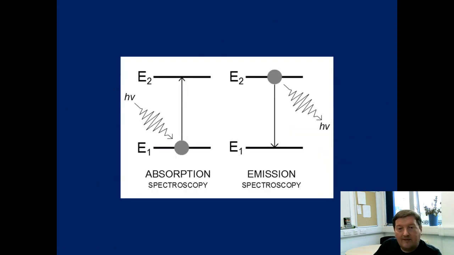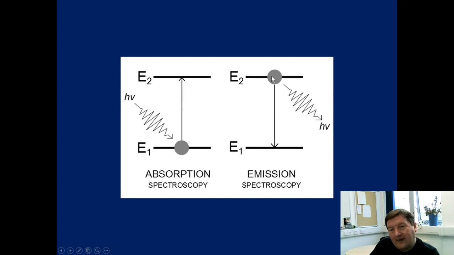This is made use of in various types of spectroscopy. So we have absorption spectroscopy, where energy is absorbed in the form of E equals h nu, the photon energy. If that frequency matches the energy gap difference, then the electron goes up to the excited state. That would be called absorption spectroscopy.